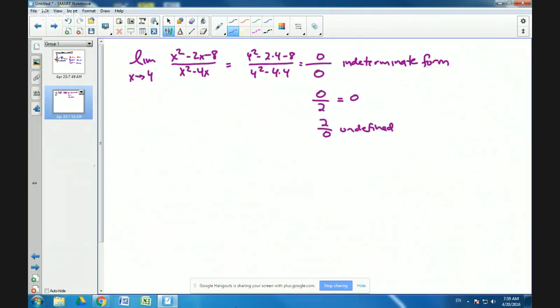Those you know, but those 0 over zeros, oh. It's called an indeterminate form. So we're going to use algebra to manipulate this, probably. So our next attempt is to try some algebra.